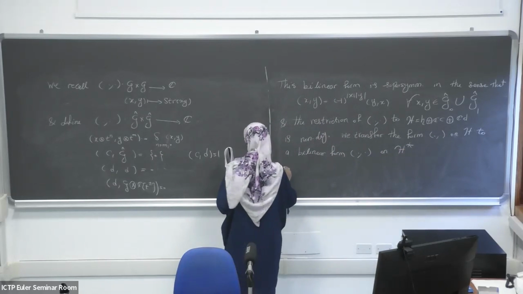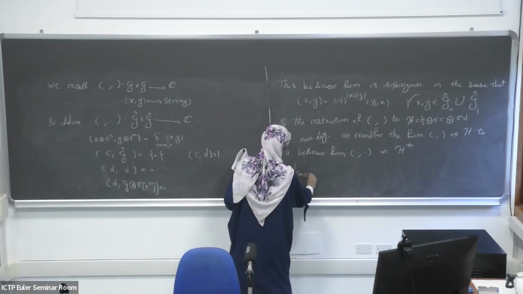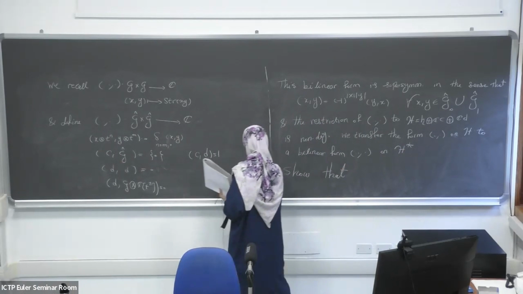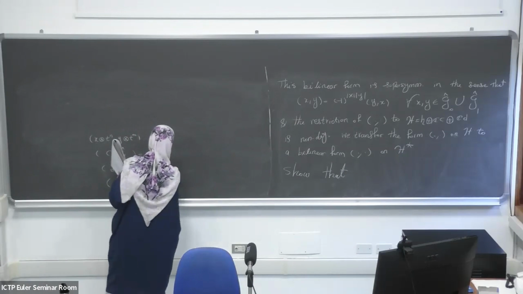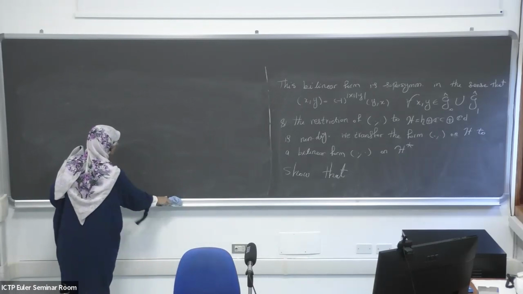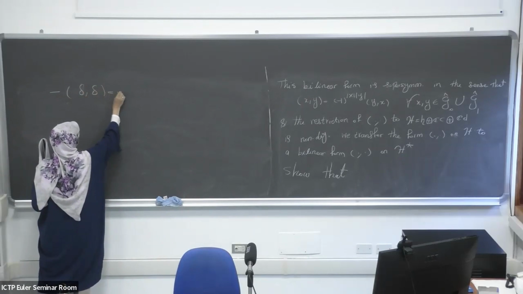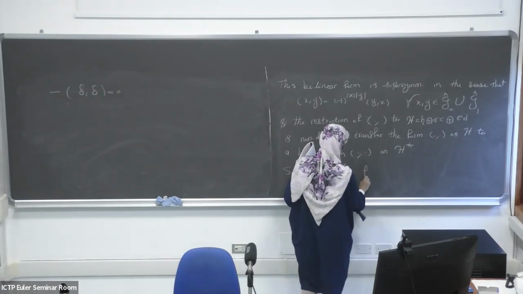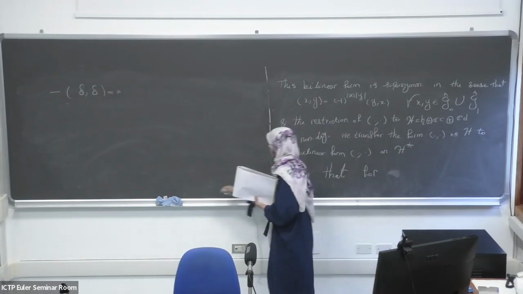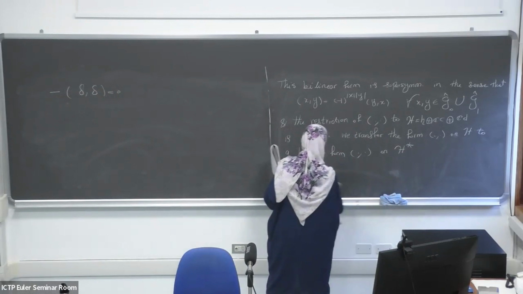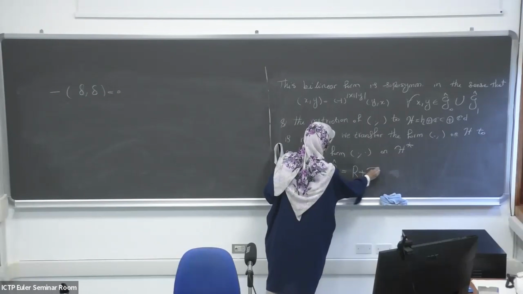And now, okay, so that delta is 0. I recall that R hat is R plus Z delta.